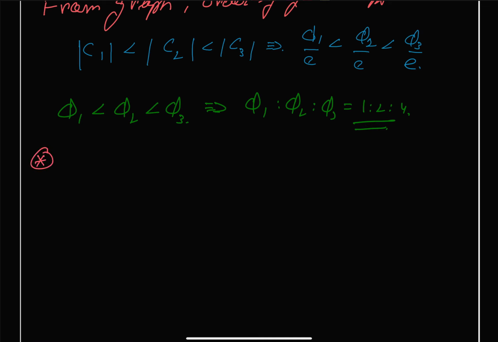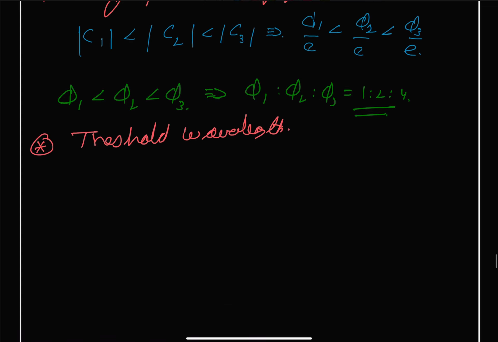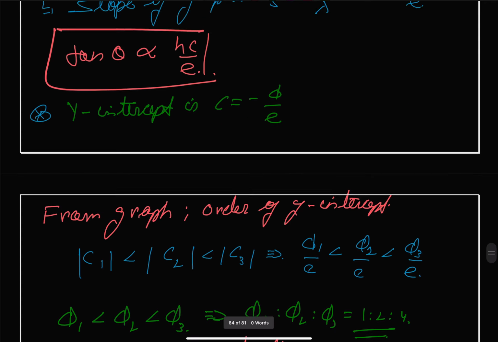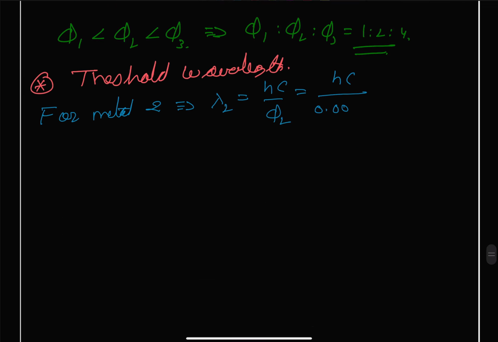The threshold wavelength for metal 2, let us suppose that is lambda 2, is equal to hc upon phi 2, and in terms of hc we can write phi 2 as 0.002 times hc, and this will be equal to 500 nanometer.